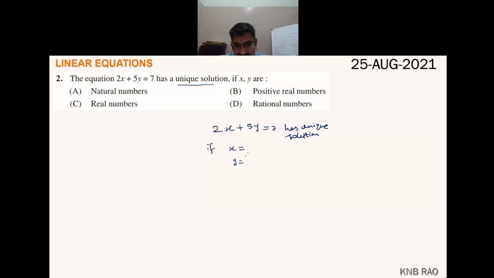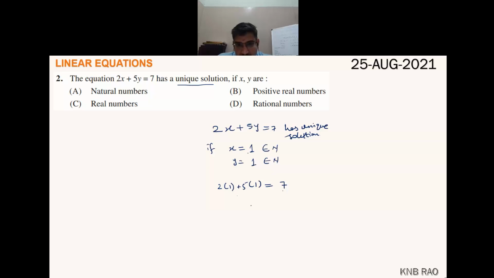Suppose if x is 1 and y is 1, definitely 2 times 1 plus 5 times 1 gives you LHS equals RHS. Okay? That means if x is 1 and y is 1, they belong to a type of numbers called natural numbers.